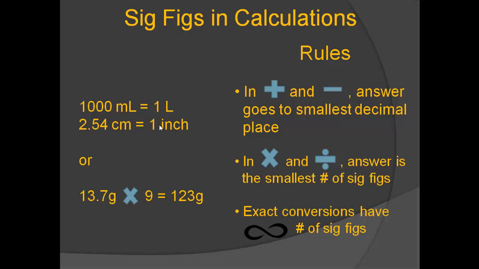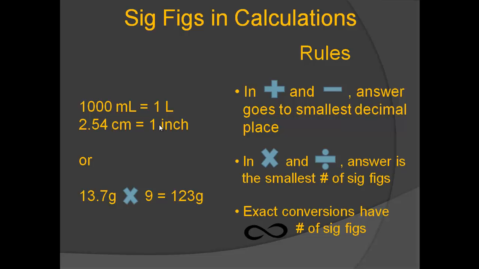Another example I can give you is, let's say I have something that I've weighed out and it weighs 13.7 grams and I'm multiplying it times 9. 9 is not a number that I've measured. 9 is an exact number. I measured 13.7 by weighing it on a balance, but I'm just going to multiply what I weighed times 9.